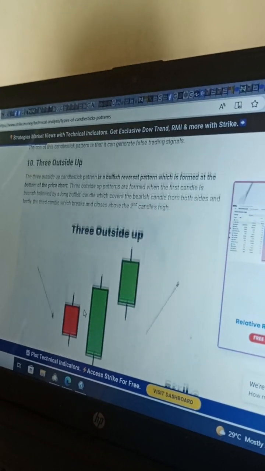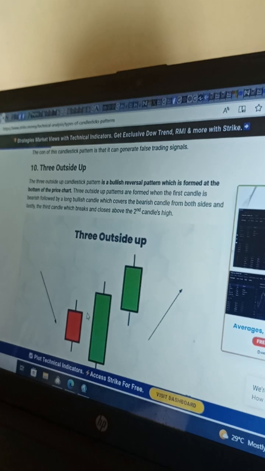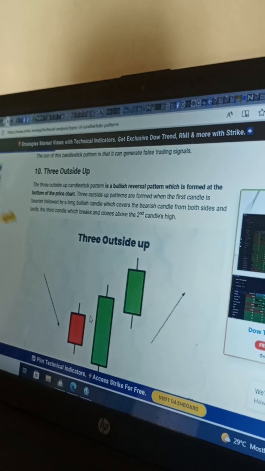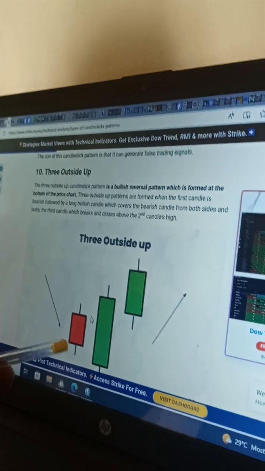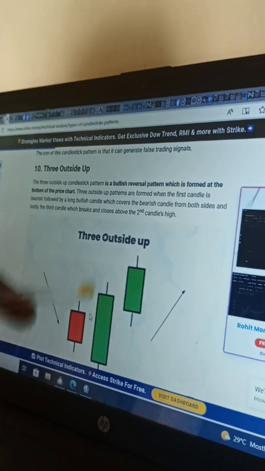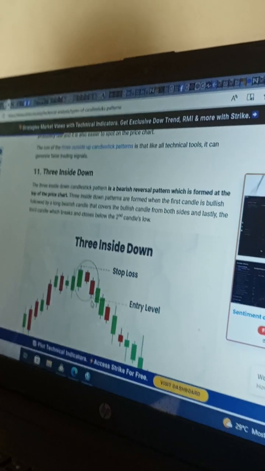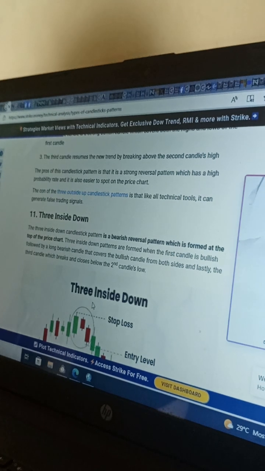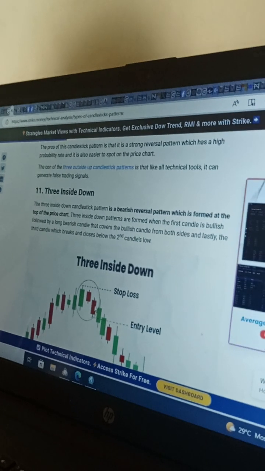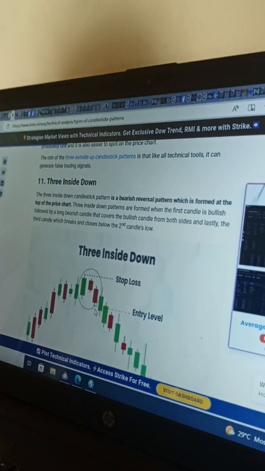No, this is for a bearish movement. This appears at the bottom of a bearish movement. As you can see, the market was coming down. That's why we had this at the bottom of the trend. Immediately we have a bullish candle and then another one. The market is now going up. So it signals that we are about to enter a bullish trend and that you should be ready to enter.